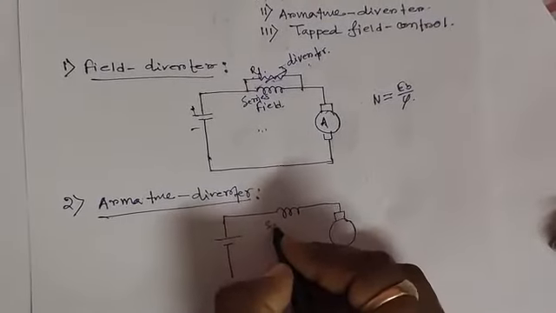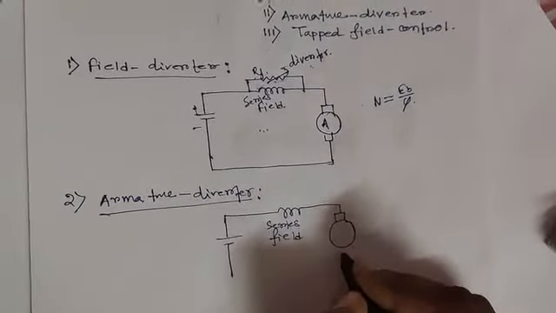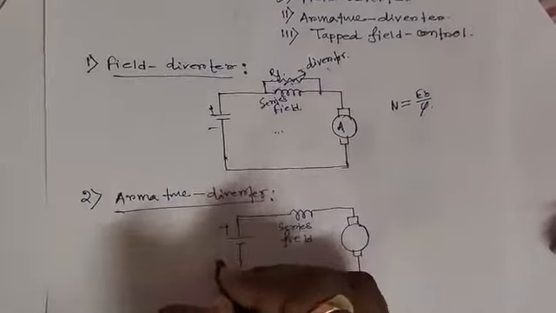This is the series field and the armature, with current flowing from positive to negative.